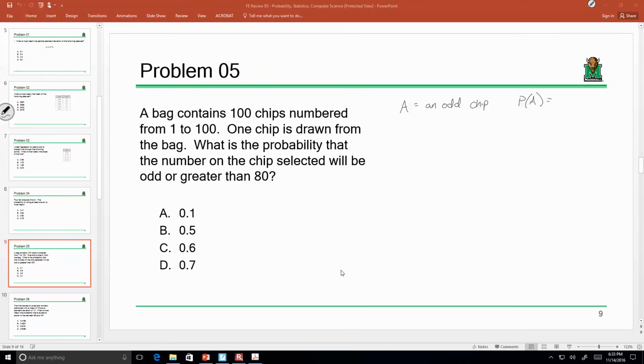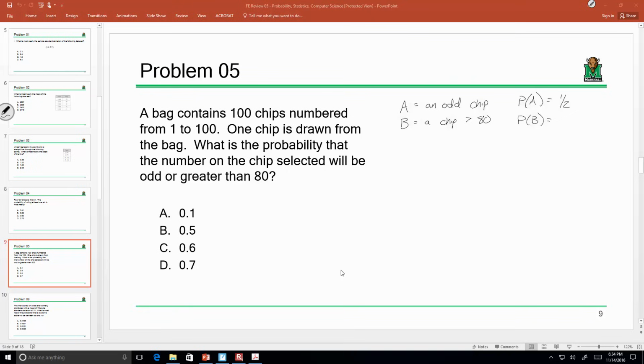Think about this. 50-50, so 1/2, right? If I draw a chip, it has a 50% probability of being odd. Now, event B is a chip greater than 80.